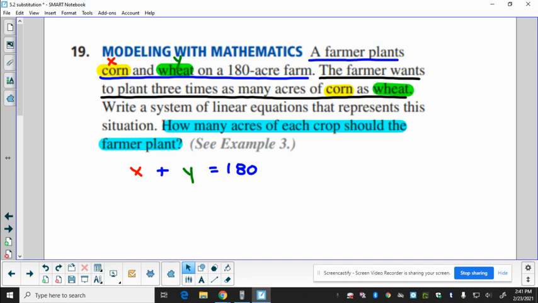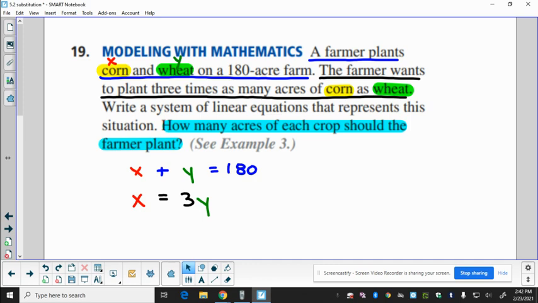So that means the corn will be 3 times the amount of the wheat. Got that? The corn is 3 times as much as the wheat. Okay?